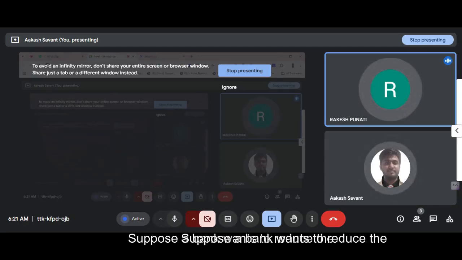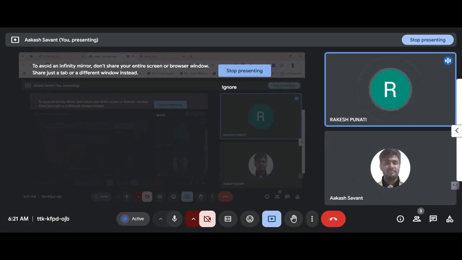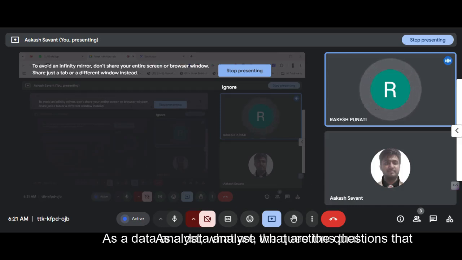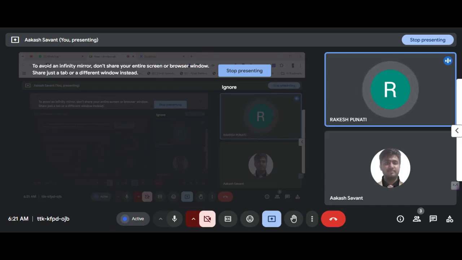Every day I will post the things we discuss, with diagrams, and tag you.